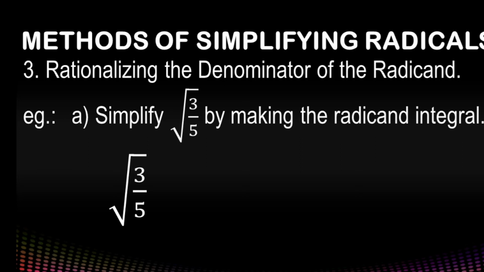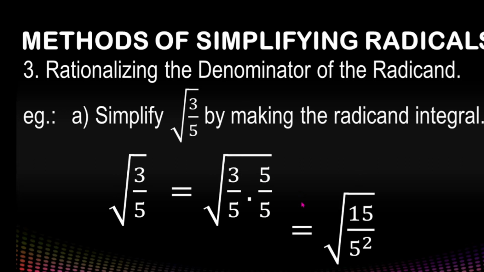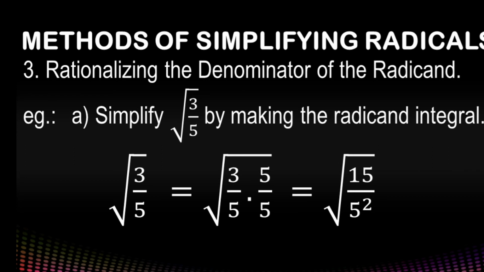So we need to multiply both the numerator and the denominator by the square root of 5. So therefore, we have the square root of 3/5 times the square root of 5 over 5. So that makes us have the square root of 15 over 5 square. So therefore, we have the square root of 15 over 5.